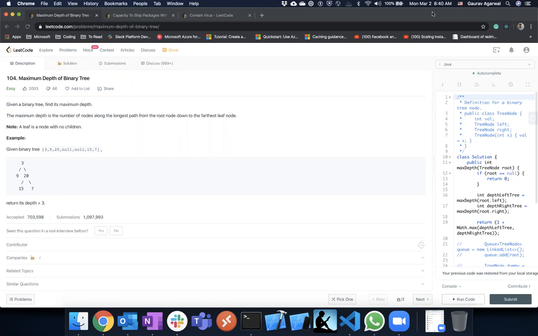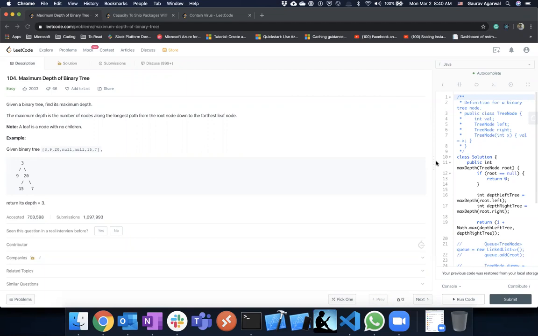Yeah, makes sense. So there are multiple ways to do the level order traversal and figure out how to count the levels. Very straightforward question. Okay, we are doing BFS, what about DFS? Yeah, DFS also you could do.